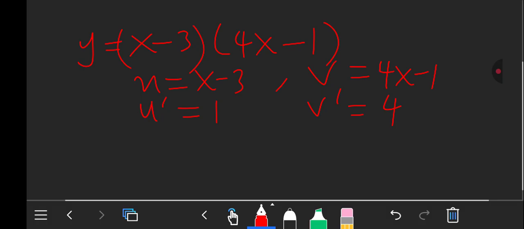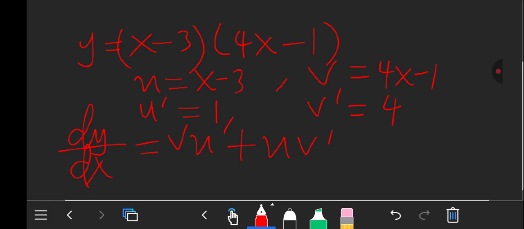Okay. Then you can now use the formula dy over dx. For the product rule, use the formula dy over dx equals v u prime plus u v prime.